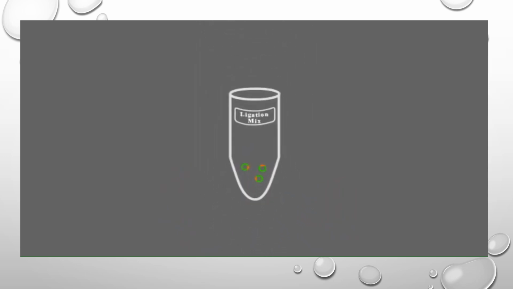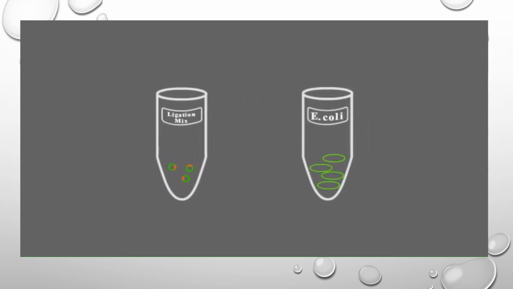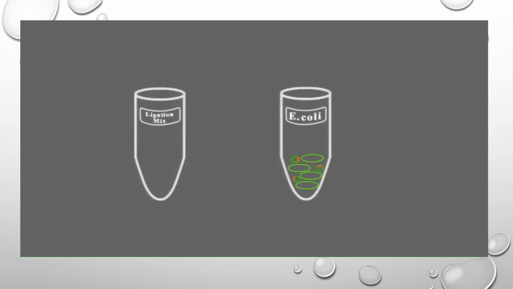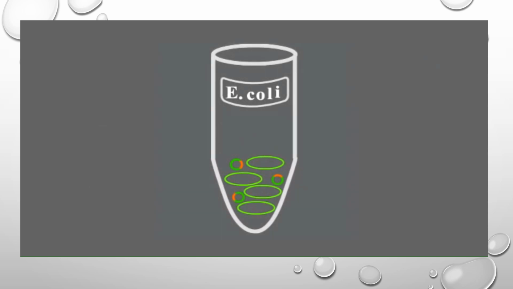In order to make multiple copies of this molecule, the ligation mix is introduced inside the E. coli cells in a process called transformation. During the transformation, the cell DNA mixture is kept on ice and then exposed to 42 degrees Celsius.